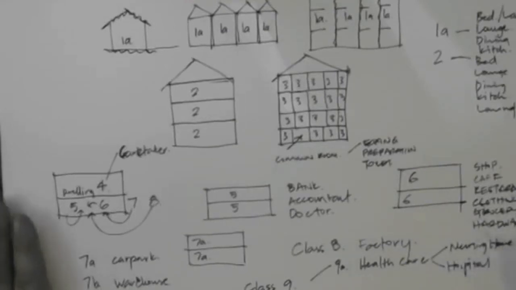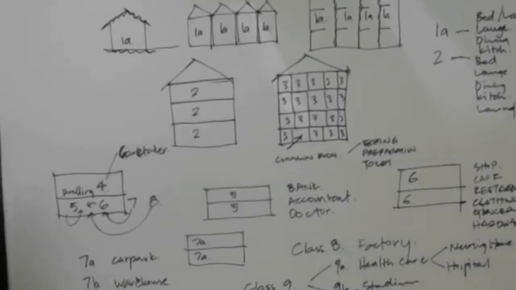And then your 9Bs are basically pretty much all the assembly buildings. You've got stadiums, halls, cinemas, pretty much anywhere where people will generally assemble.